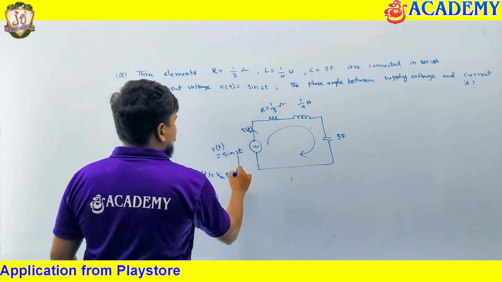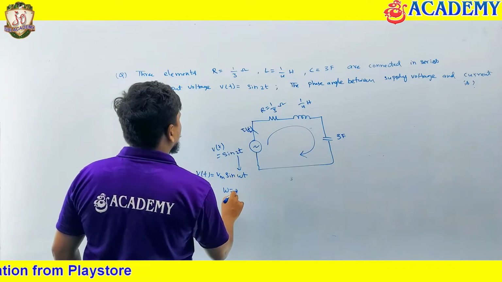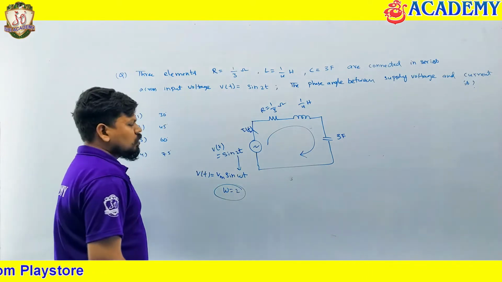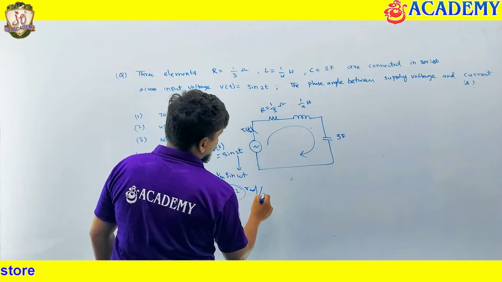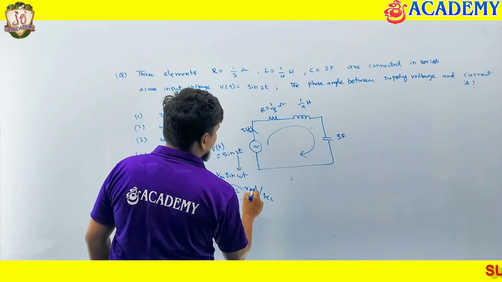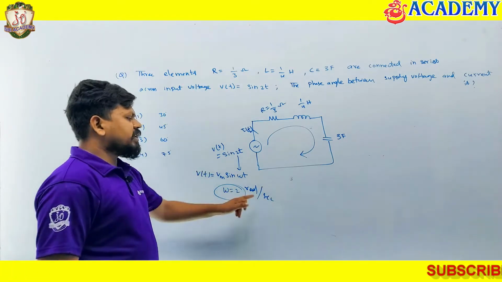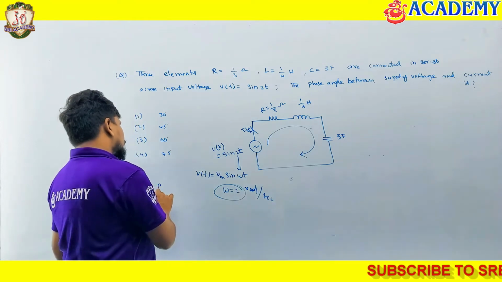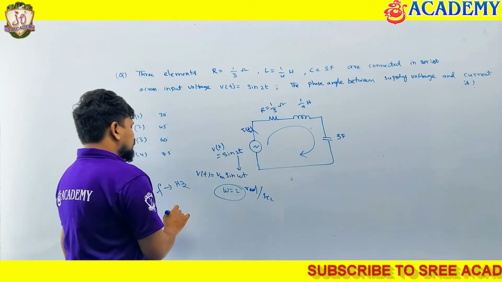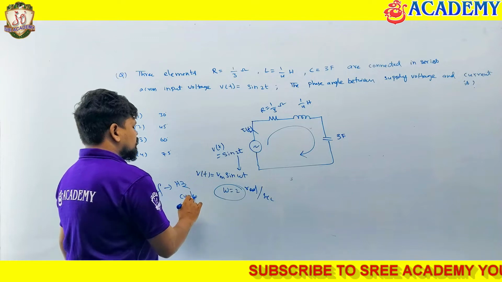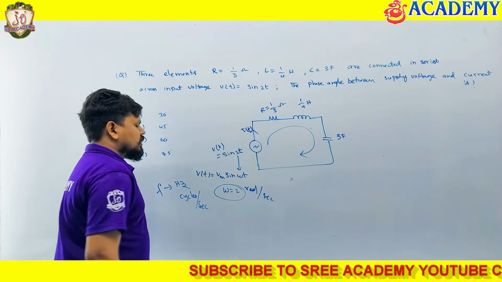So from this, omega equals 2 radians per second. The unit for omega, the angular frequency, is radians per second. What is the unit for normal frequency? Hertz, otherwise we can say cycles per second.